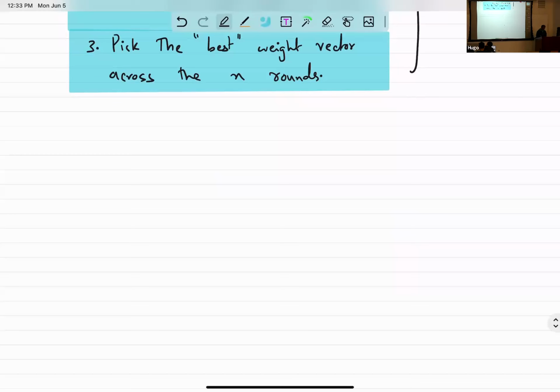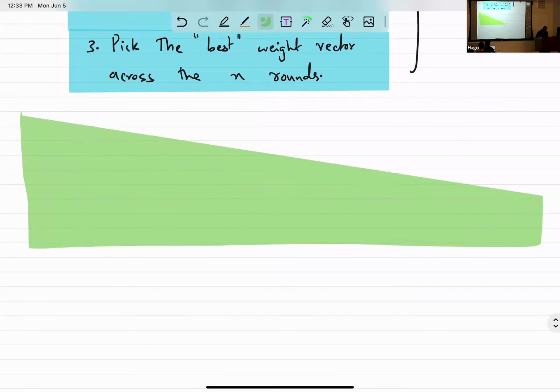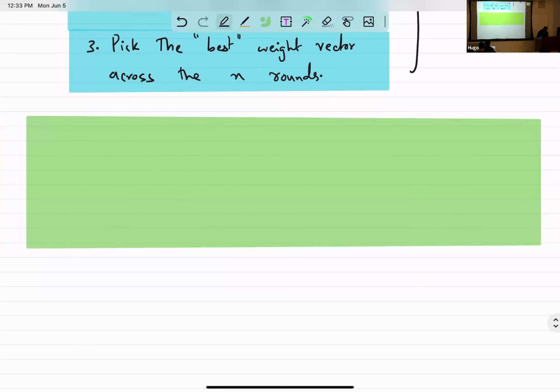And what can we say about what this algorithm does? So the simple algorithm actually does remarkably well.